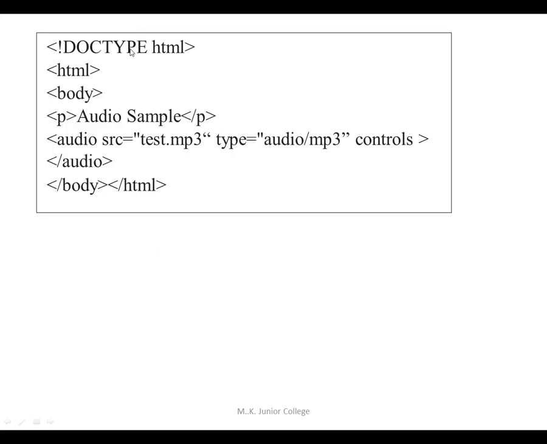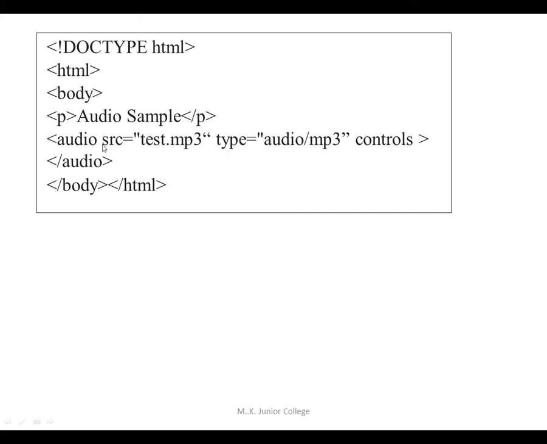Now here we'll see the example. In this example I have started with the very first tag, which is doctype html, indicating it's an HTML5 file. Then the basic structure: html, head, title, add some suitable title, close your title and close head. Then you start with the body tag. Here I am just adding one heading, audio sample, in a p tag.